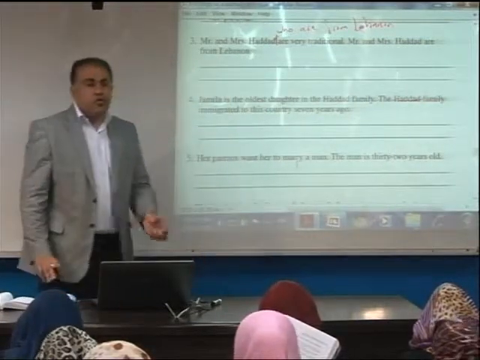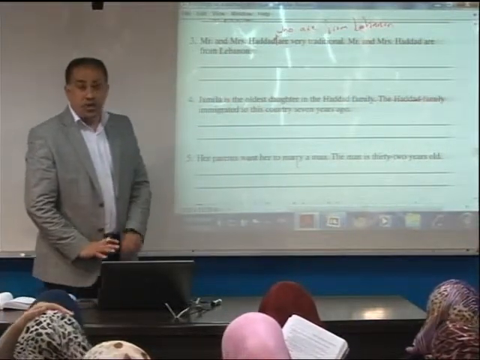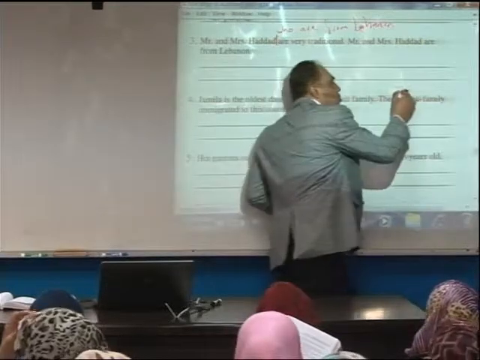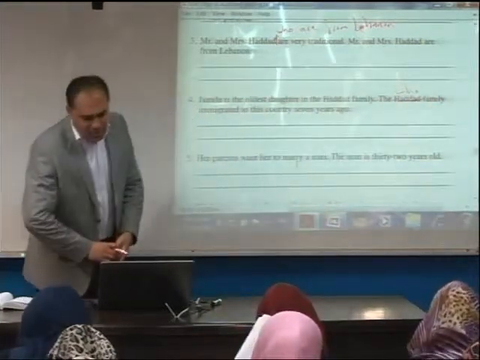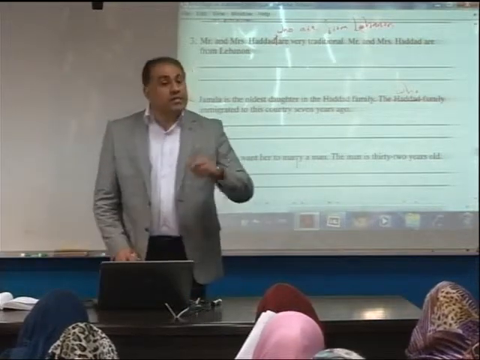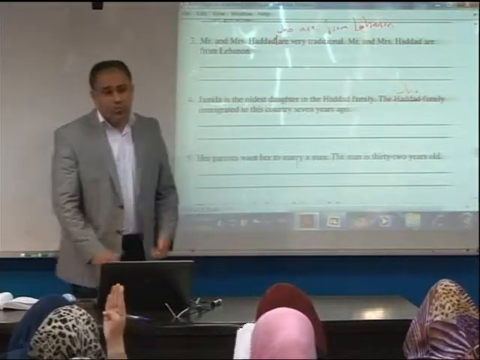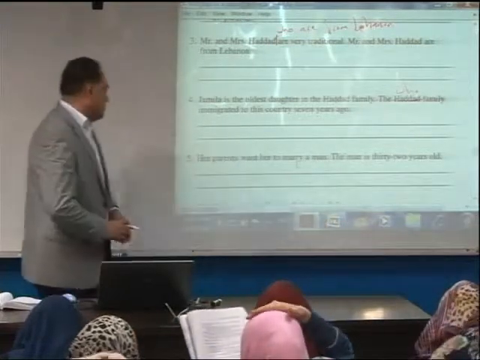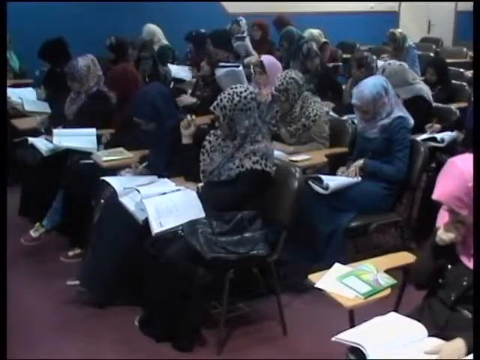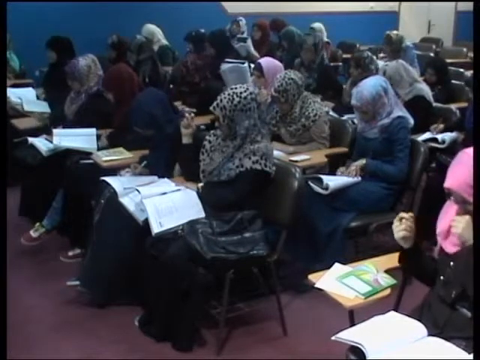The family: persons or people or things? People. So it has to be who. Yes, who immigrated to this country is a group of people. So we need who, not which. Okay? Next, please. Her parents want her to marry a man who is 30 years old. Very nice.